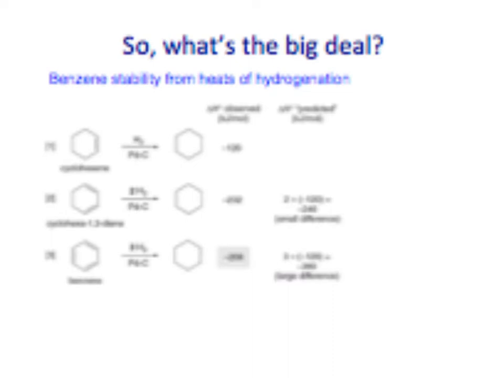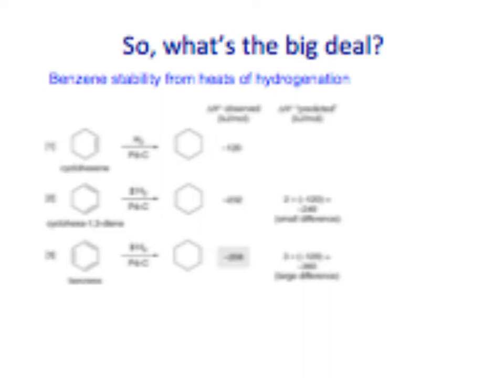Okay, so what about this big energy savings that we've been talking about, right? We've been saying, oh, aromatic compounds are so stable and that kind of thing. So how do we even know that? So we could test this ourselves if we had an apparatus to do this.